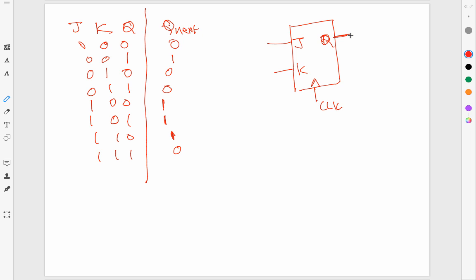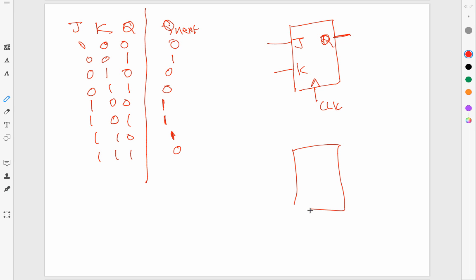And looking at this, you can hopefully figure out what the equation is going to look like for Q next, and put that logic in front of J and K, so put that logic in front of a D, and so essentially you can implement.